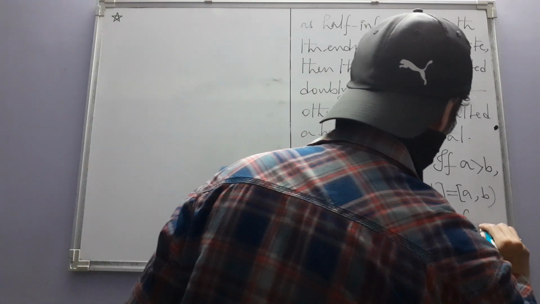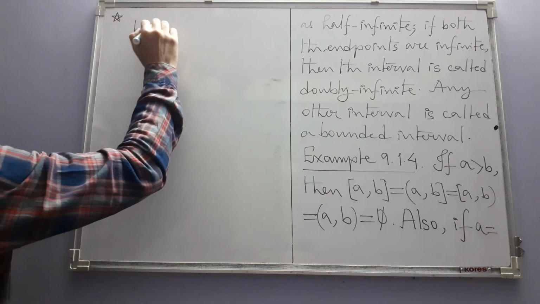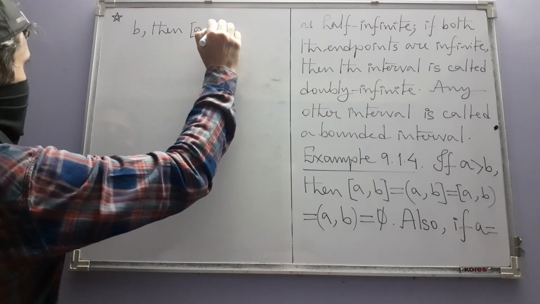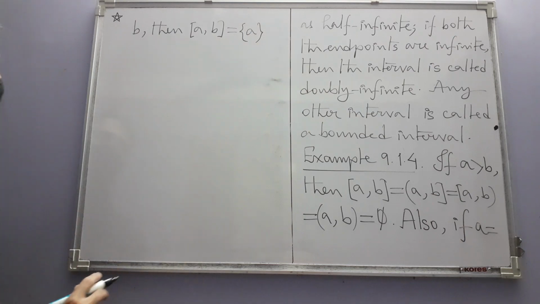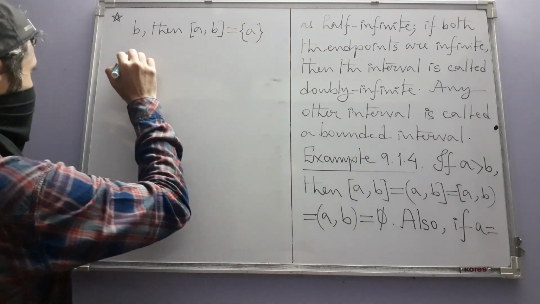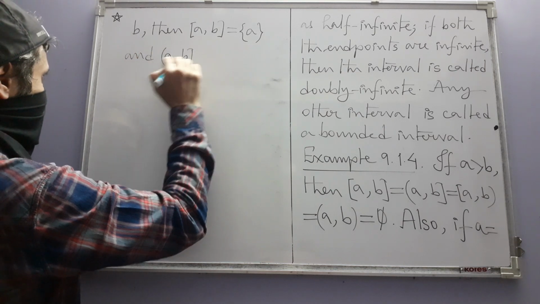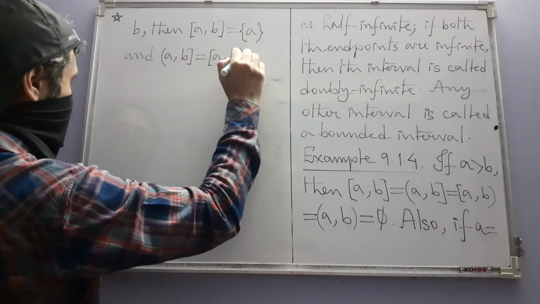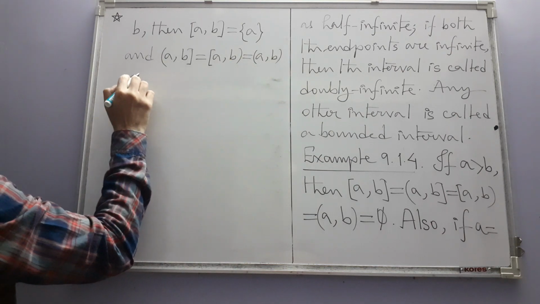If A is equal to B, then only the closed interval is non-empty, and it turns out that it's the singleton set consisting of A, which is also B, and the other intervals, the half open intervals and the open interval, remain empty.